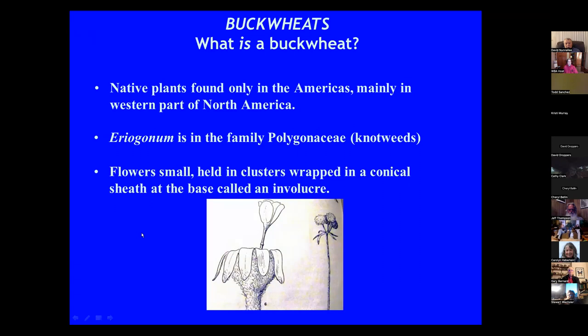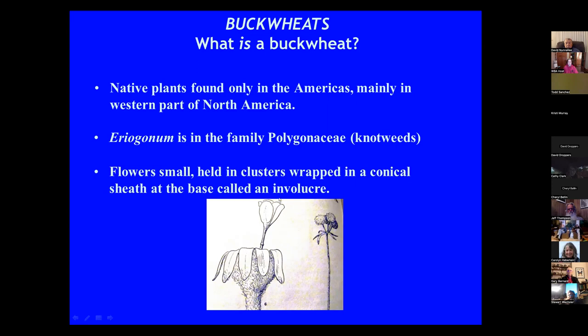This is a drawing of what an involucre looks like. This thing, can you see my cursor? Anyway, that's the involucre. And this is an individual flower. Each involucre may have, typically, as many as 8 flowers in it. And each flower head, like the 3 little flower heads in the drawing to the right, can have a number of involucres.